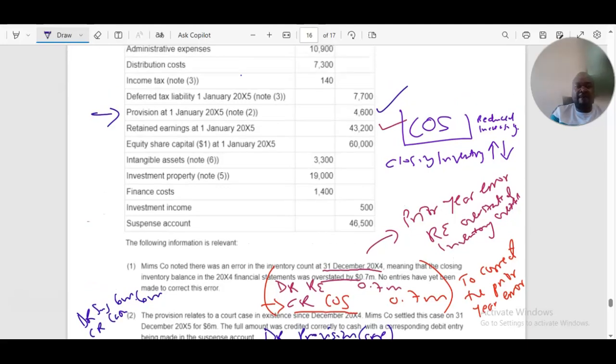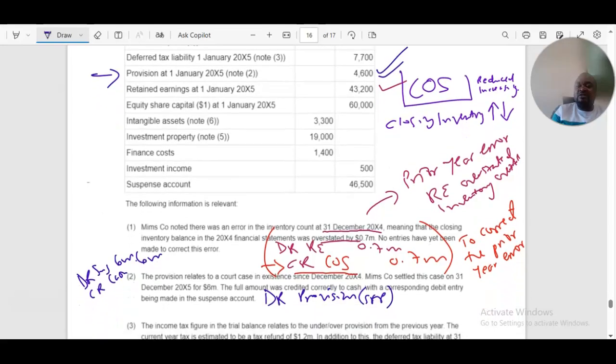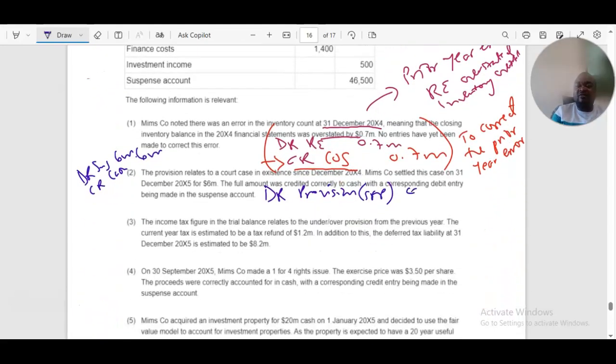Where's the provision? Okay, this one, I've marked it. So it's 4.6, right? So in the SFP, it's 4.6 thousand. But now we want it to be 6 million. So it means we also continue to debit provision.